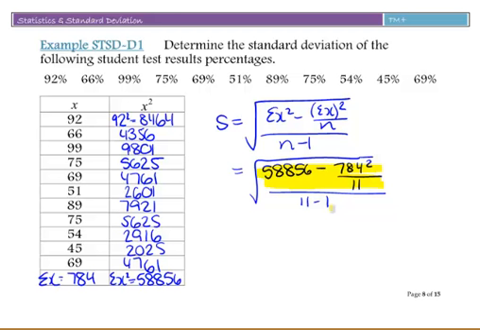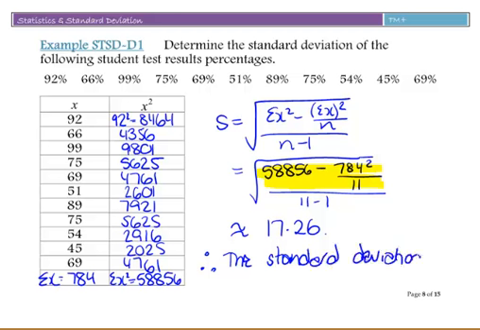And then just press your square root button, and hopefully you've got an answer button on your calculator, so that'll plug whatever the answer was straight back in, so you're not approximating twice. And you'll get approximately 17.26. Now we are looking at percentages, so therefore the standard deviation is approximately 17.26%, which has the same units.